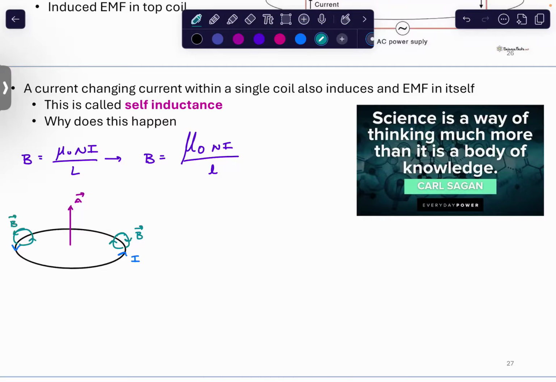So we're going to get magnetic field wrapping around the wire that way, where we're going to have magnetic field vector like that.